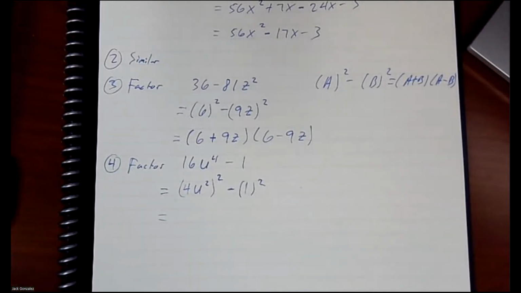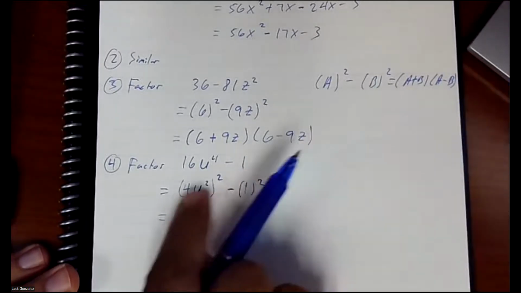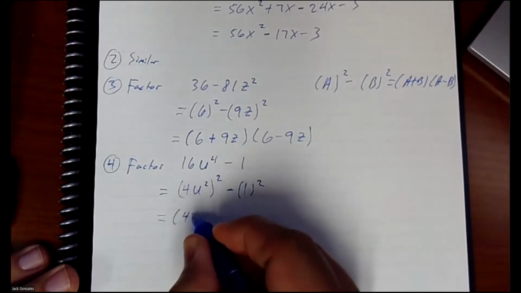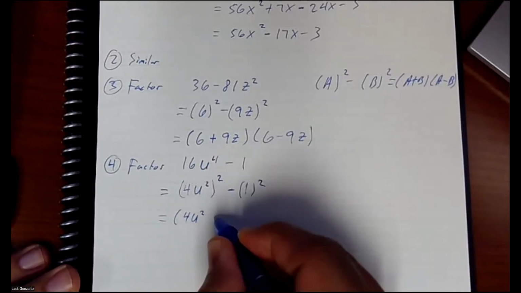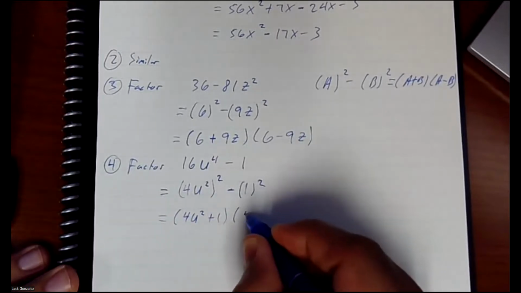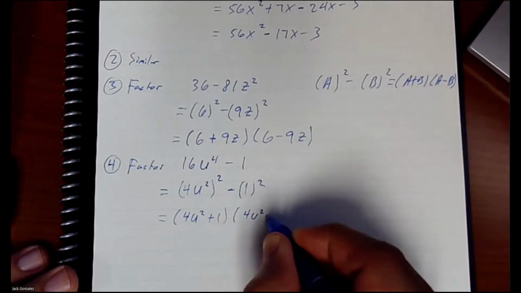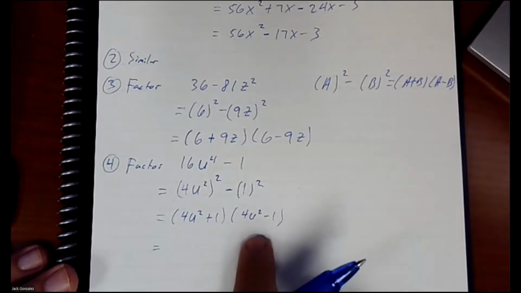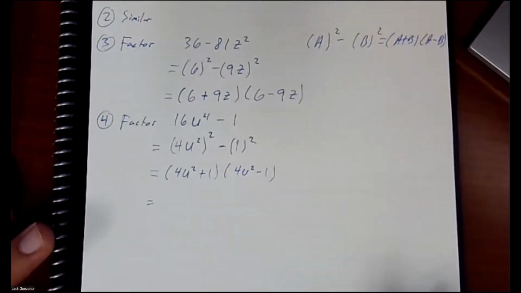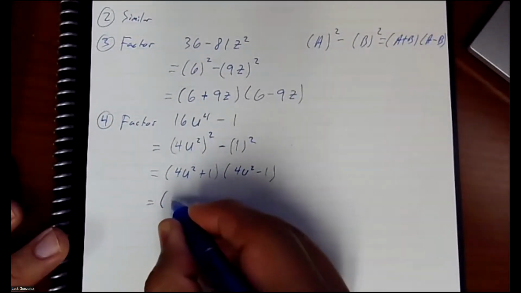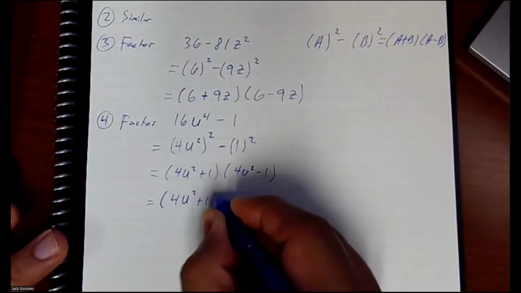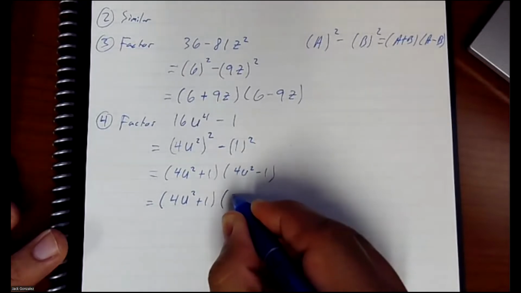All right, so at this point, apply the formula just like we did before. This is my A and my B. So this will be 4u squared plus 1 times 4u squared minus 1. So right here, you should notice that that's another difference of squares. So that'll be 4u squared plus 1 times, rewrite this guy.